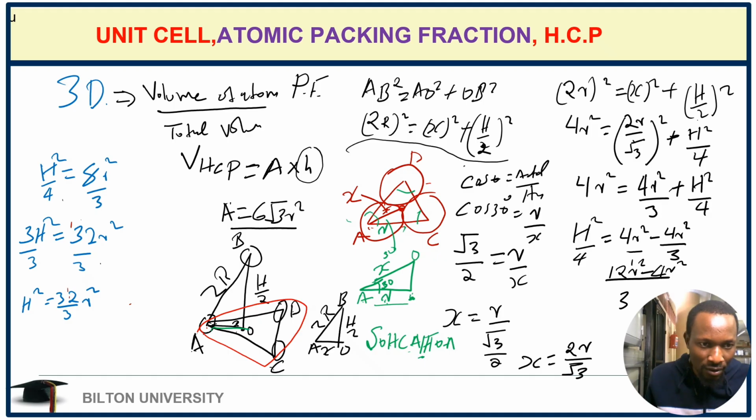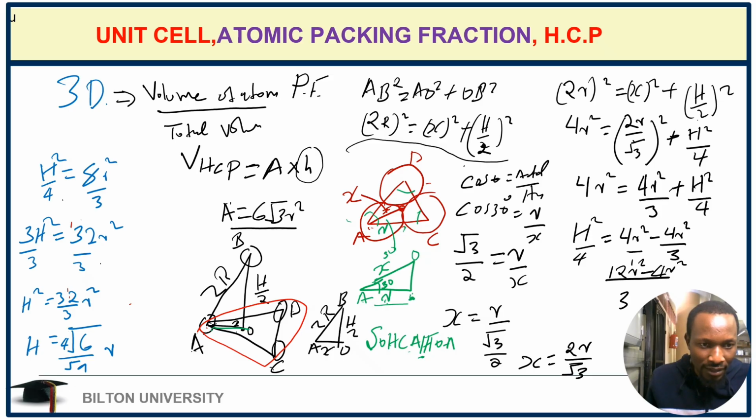And to get the value of h, we take the square root of everything, and that will give us 4 root 6 over root 9 r, because when you take the square root, the r squared goes to r.